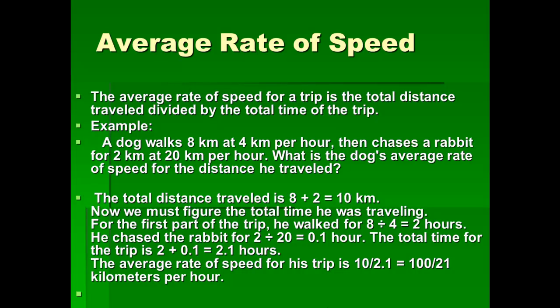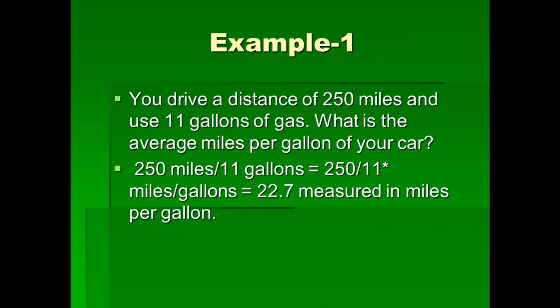Total time of the trip is 2 plus 0.1, which equals 2.1 hours. The average rate of speed of his trip is 10 over 2.1, which equals 100 over 21 kilometers per hour.